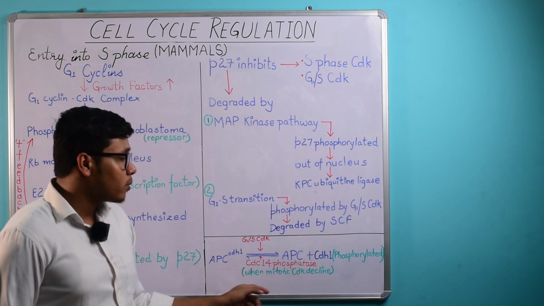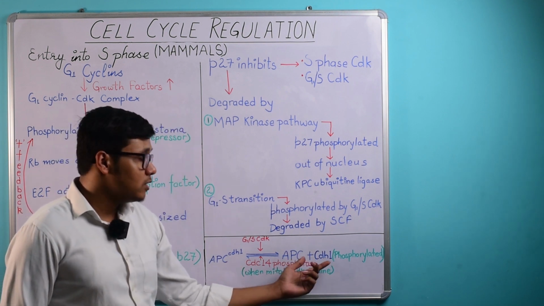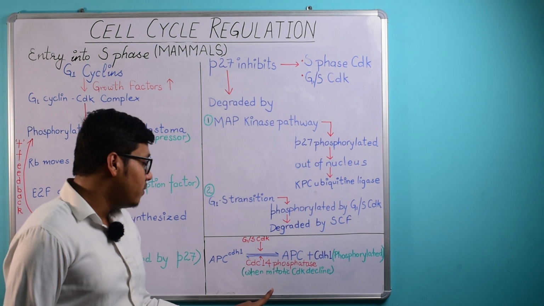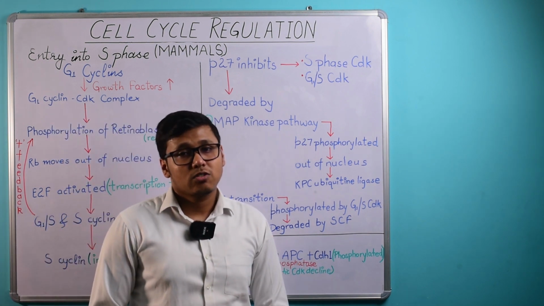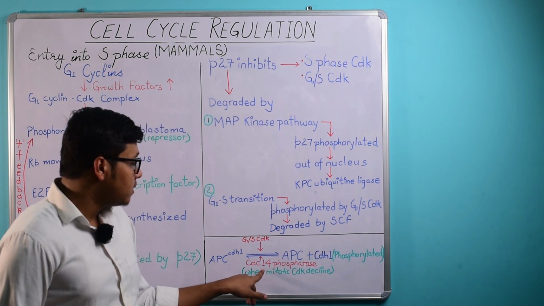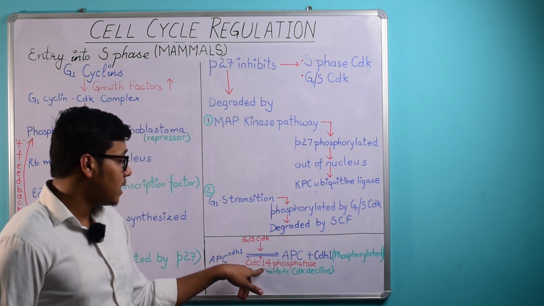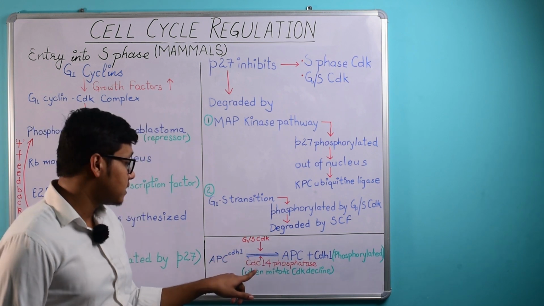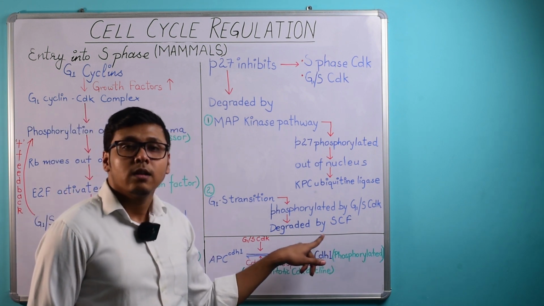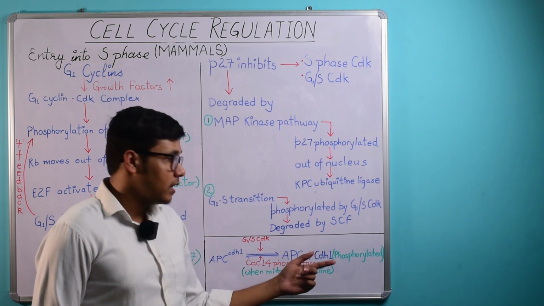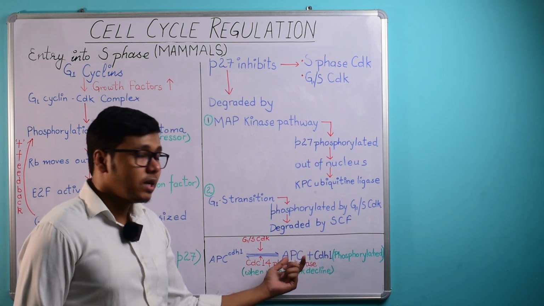This is a reversible process, and these two can associate together only when the mitotic CDK declines after the metaphase to anaphase transition. And this reversal can take place with the help of a phosphatase known as the CDC14 phosphatase, which will remove this phosphorylation from the CDH1, and now it can associate to the APC.